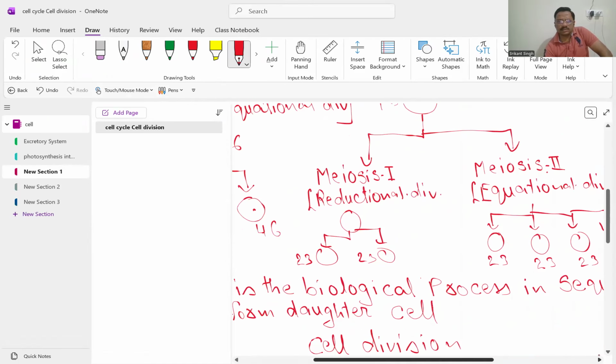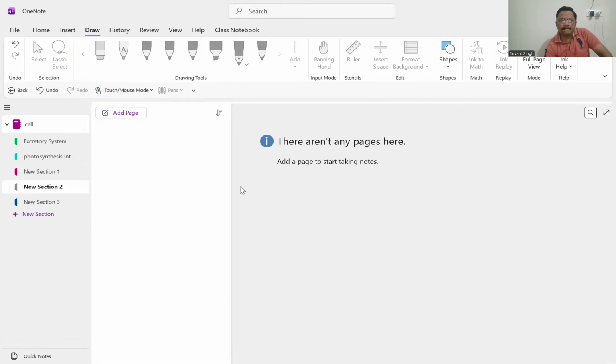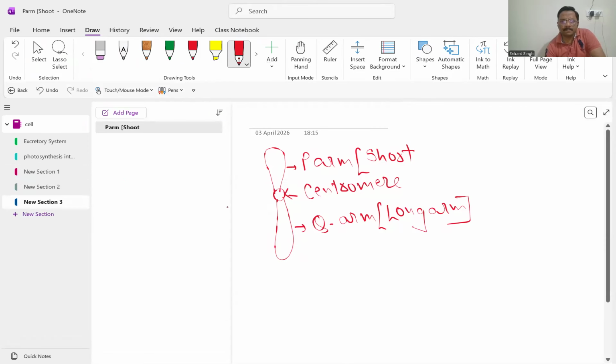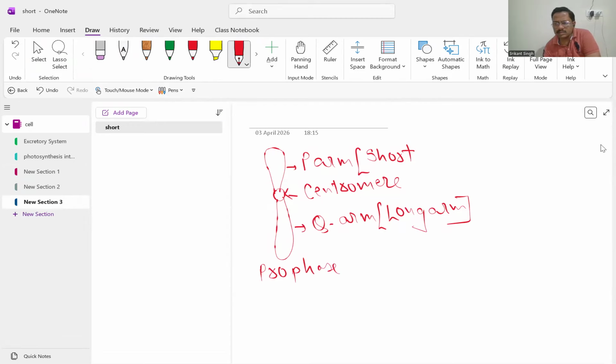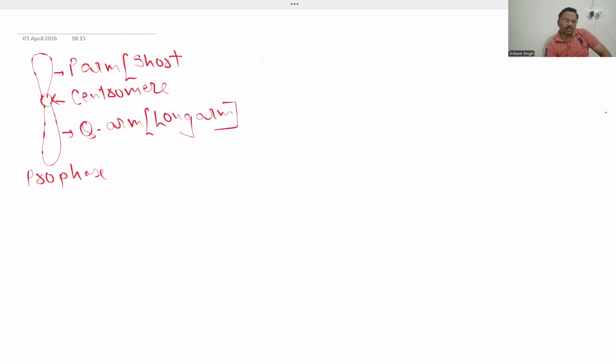In karyokinesis, the first step is the prophase phase. Suppose this is the diagram.